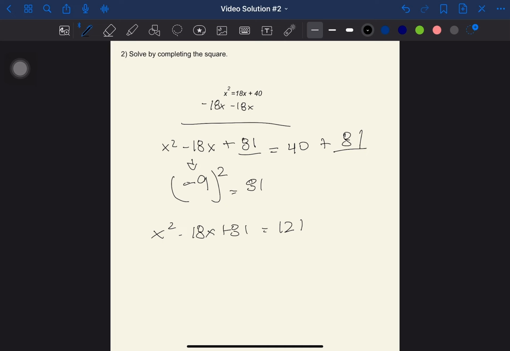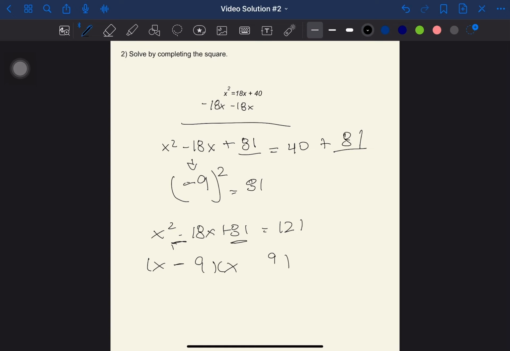Now what we have to do is we have to factor this left side. So we know that 9 times 9 will give us 81, but there is a negative here. So meaning when this number is multiplied, it'll have to be positive on this side, but when it's added here, it would have to be negative.